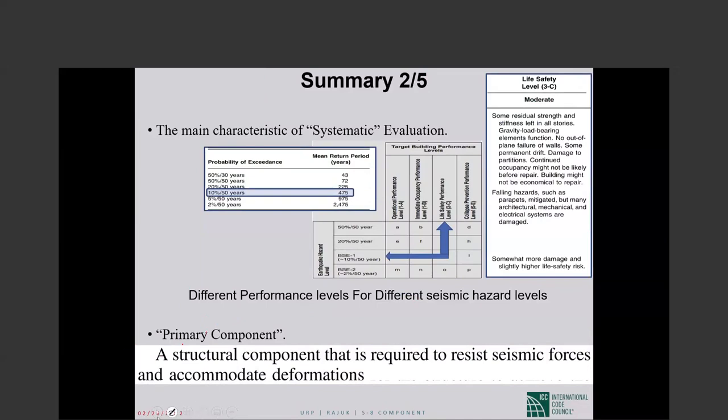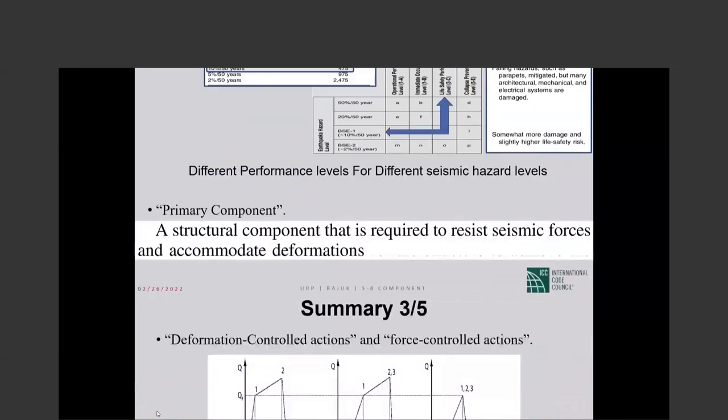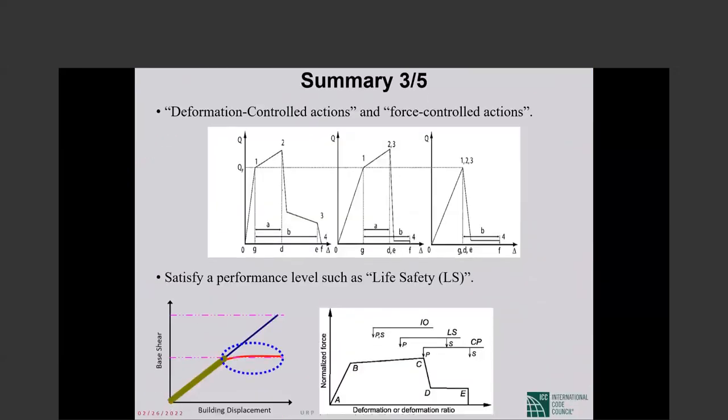Primary elements are the elements that we rely on to resist both seismic forces and seismic deformation. Deformation control function, what is the difference with force control? The deformation controls are more ductile. Force controls are the ones that are brittle.